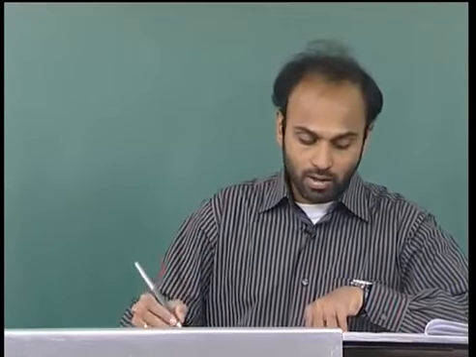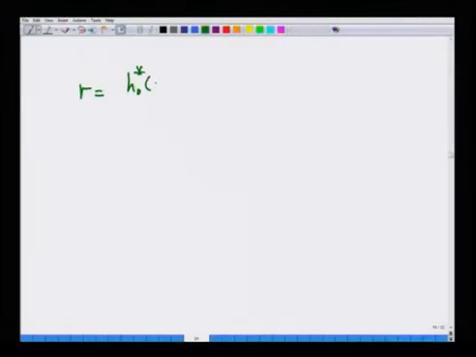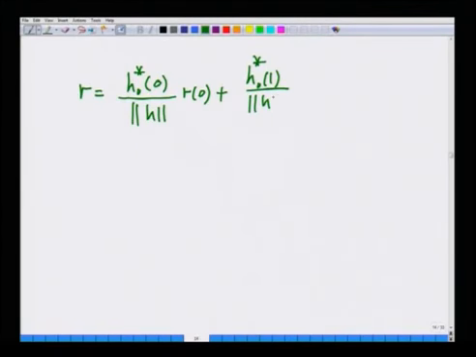So, I will combine them as follows: h 0 conjugate divided by norm h times r of 0 plus h 0 1 conjugate divided by norm h into r of 1 plus so on, h 0 L minus 1 conjugate divided by norm h into r of L minus 1.